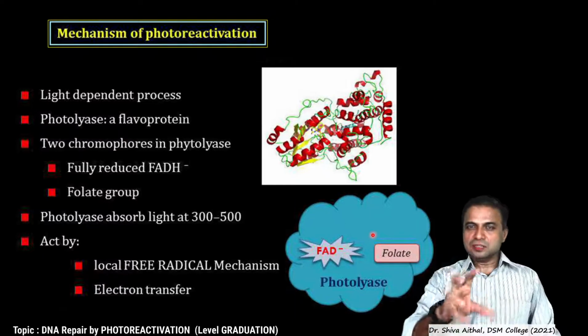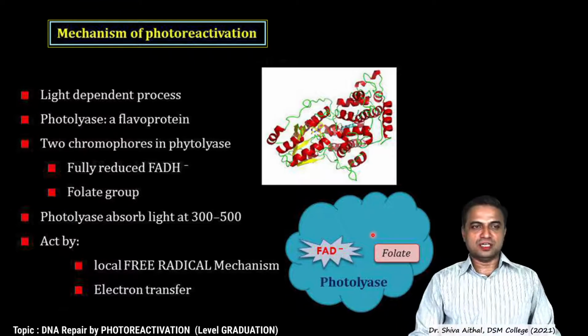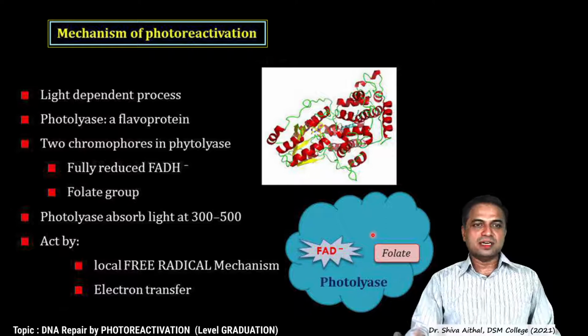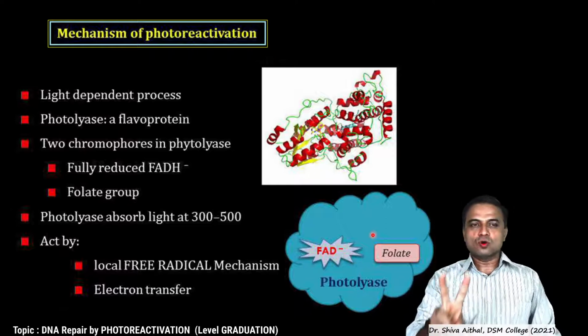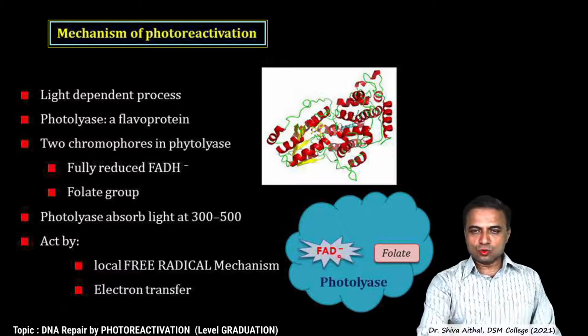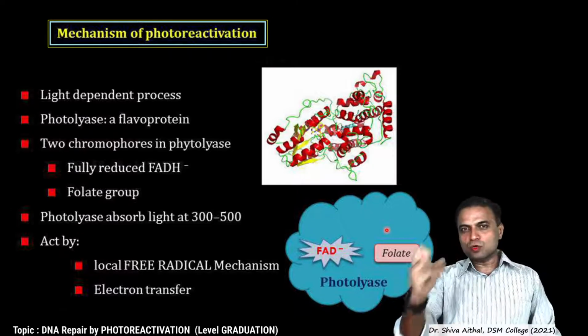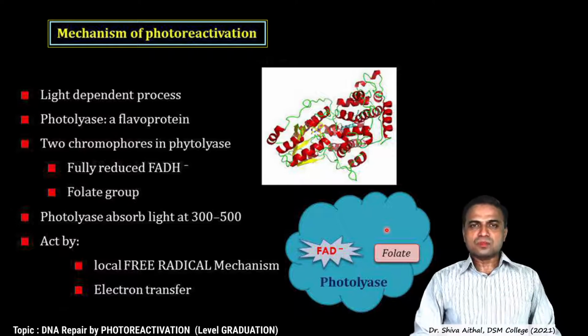This is the principal mechanism of photolyase functioning. Light dependent photolyase is a flavoprotein containing two chromophore groups, that is fully reduced FADH negative and folate group. This is in the active site, and they are responsible for absorbing the light energy.